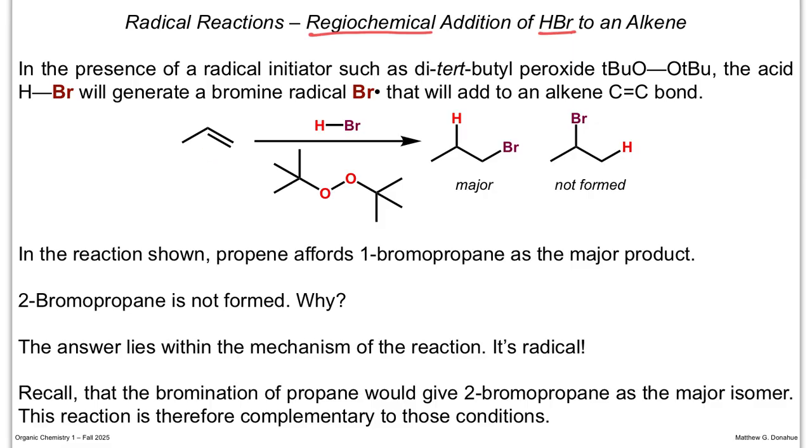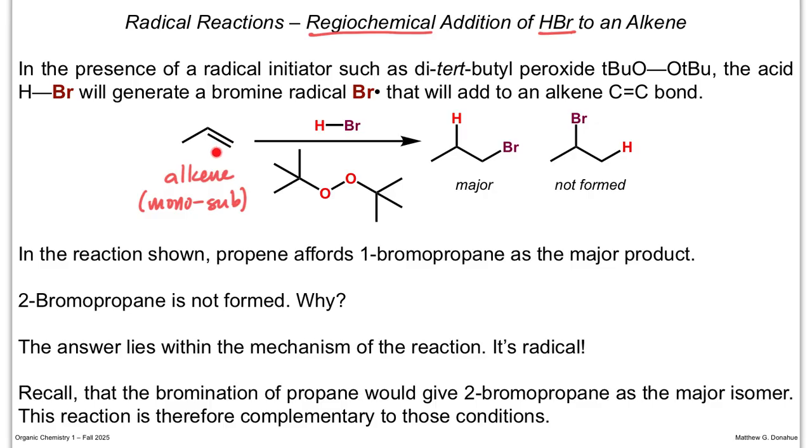It has one substituent. It's mono-substituted. So there's our alkene, there's our one substituent. Of the two sp2 hybridized carbons of the alkene, they're both different. And that's where this word regiochemical comes into play.